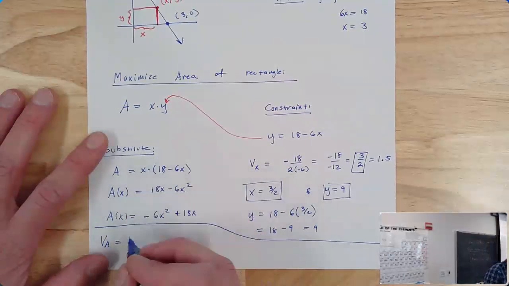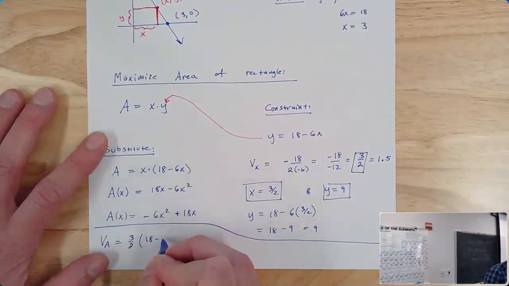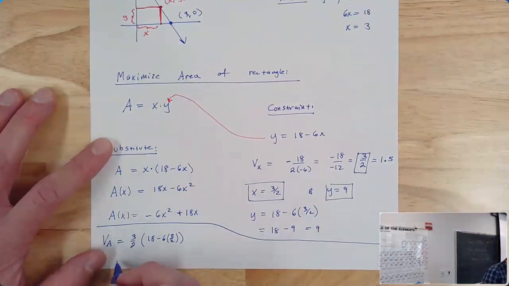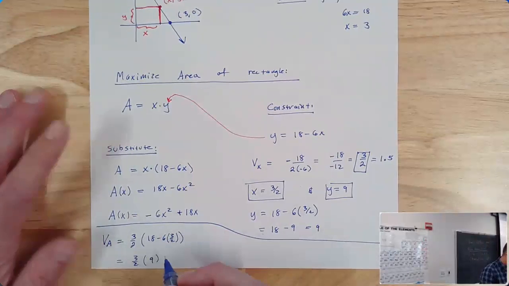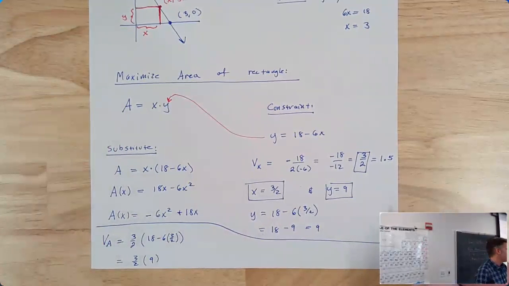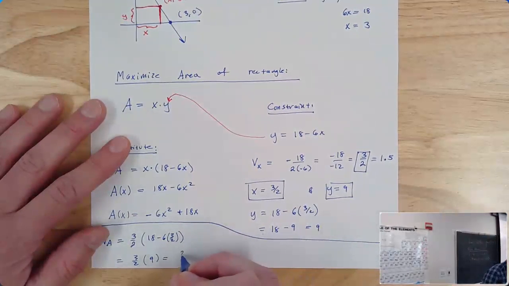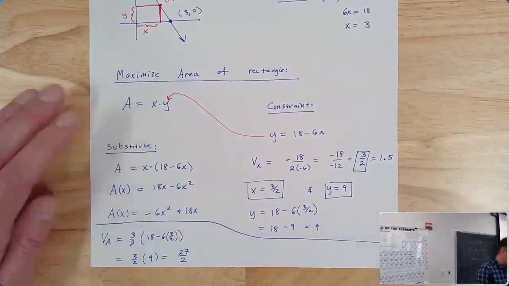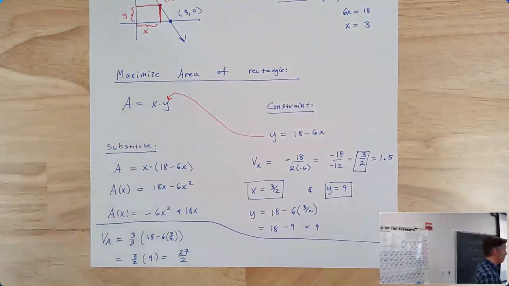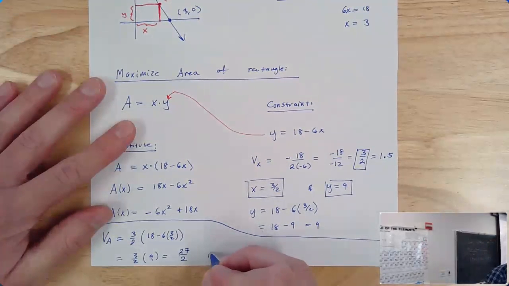If I plug in 3/2 there, I get 3/2 times 18 minus 6 times 3/2. 6 times 3/2 is 18/2, which is 9. 18 minus 9 is 9. Well, wouldn't you look at that? That's just x times y, which is 27 over 2, which is my area. Not just my area, my maximum area. So this is the maximum area.